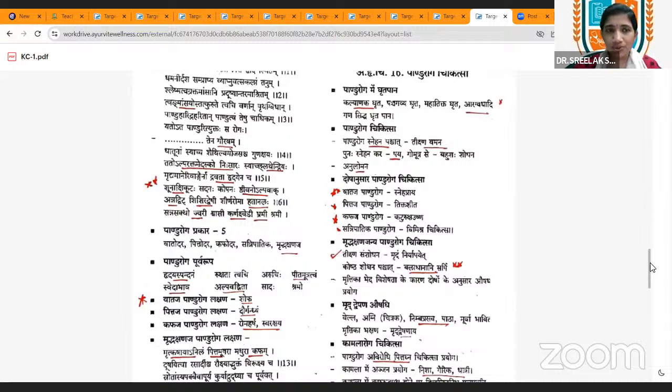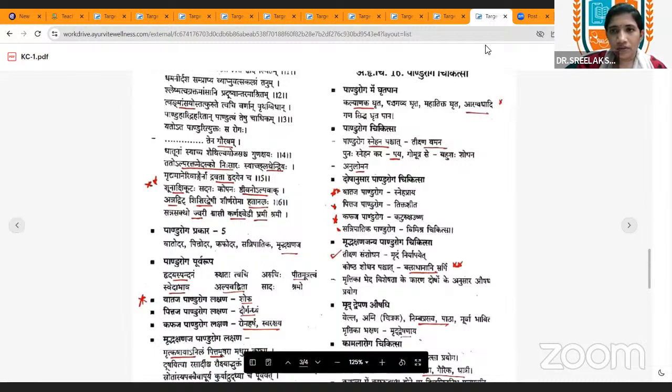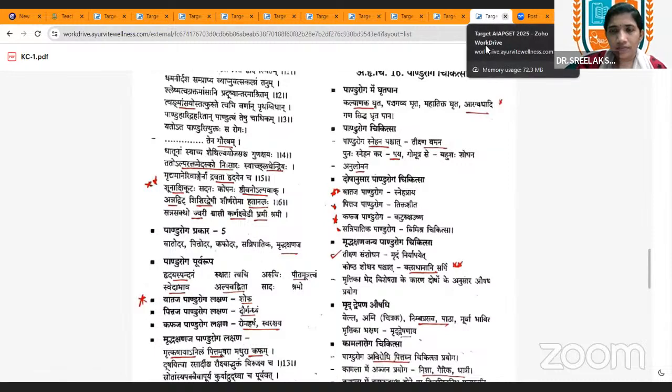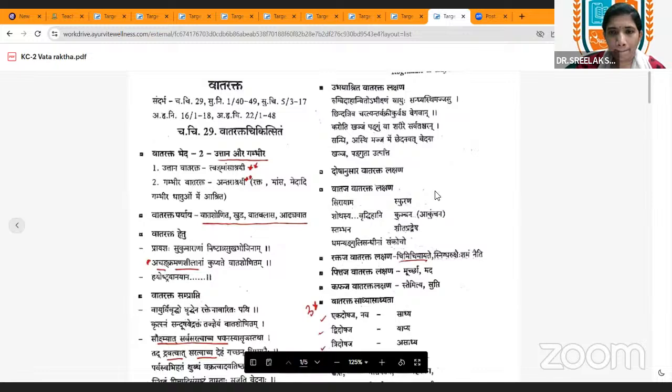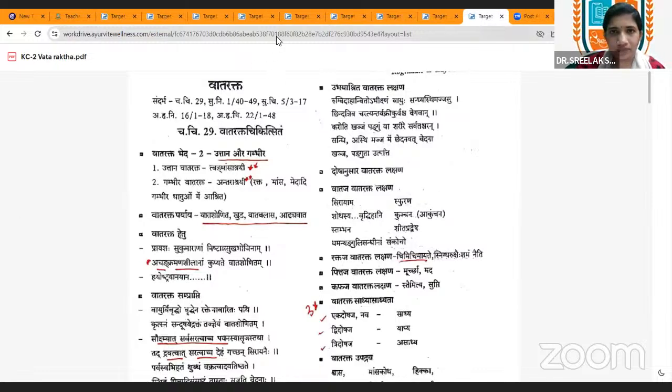At least you have to cover these points while revising this Kaya Chikitsa in your last preparation. Then let's start the next disease.